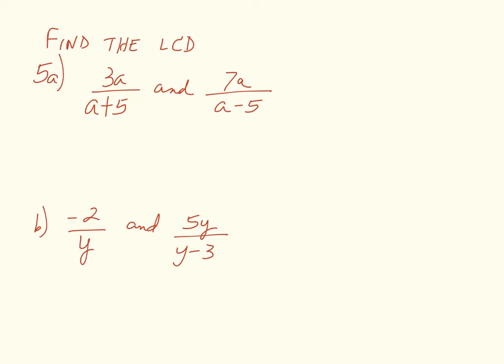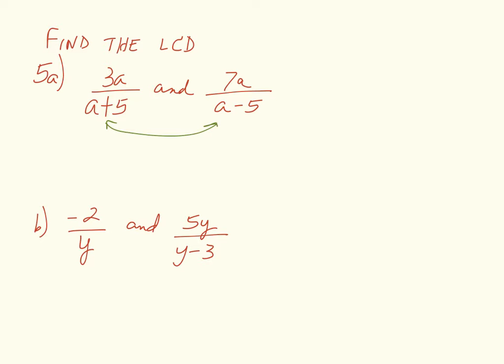If the denominators cannot be factored, in other words, if they are prime already, then the LCD has to be the product of the two. Just look at these two right here. A plus 5 and A minus 5. They cannot be factored. We had an earlier problem.